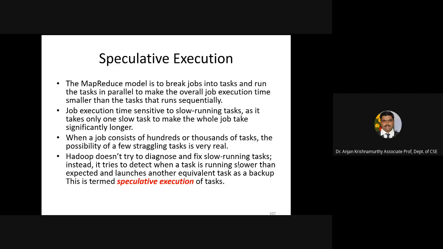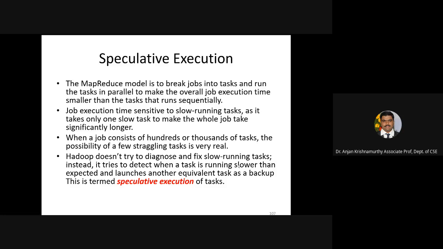The tasks are divided into either map tasks or reduce tasks, and all this job execution happens in parallel. The job execution time is very sensitive for us to understand how long a job will take to complete, or how fast a job completes.